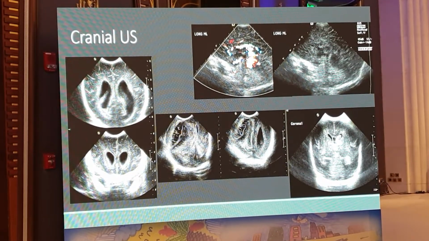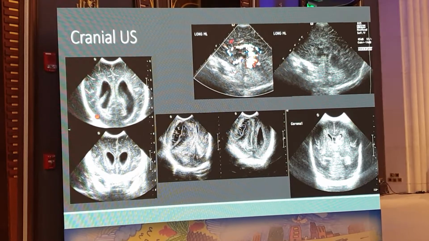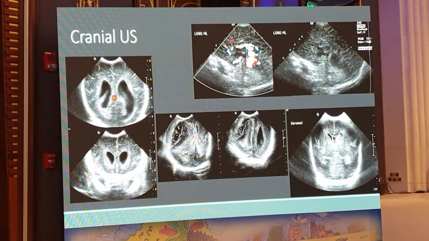So hydrocephalus is easy to be detected by ultrasound, as you can see on these images.